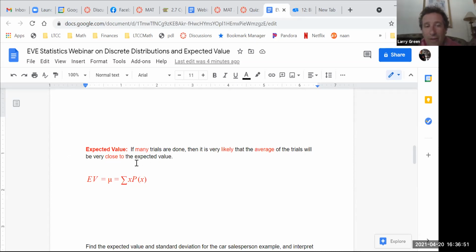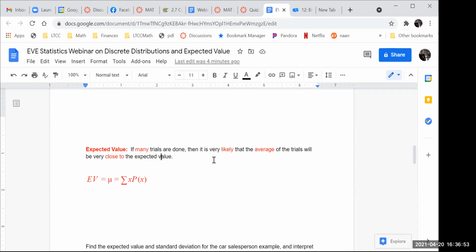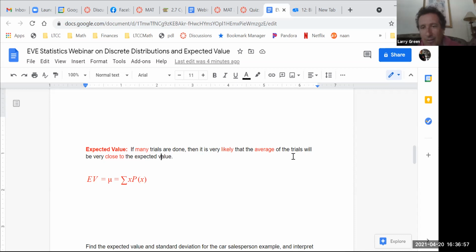So let's go through. If I flip many coins, then it's very likely that the average of all of the coin tosses will be close to what? $50 profit or 50 cents. Okay, so the expected value of the coin toss would be 50 cents.